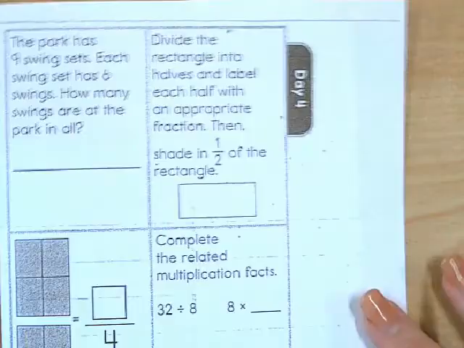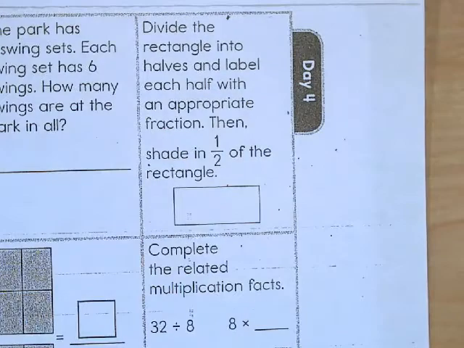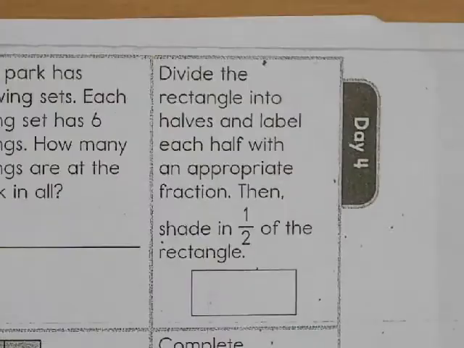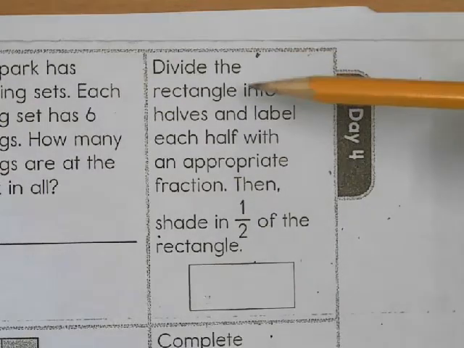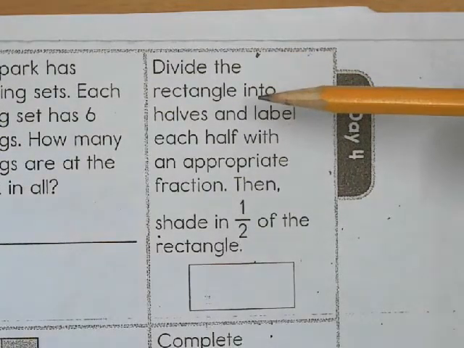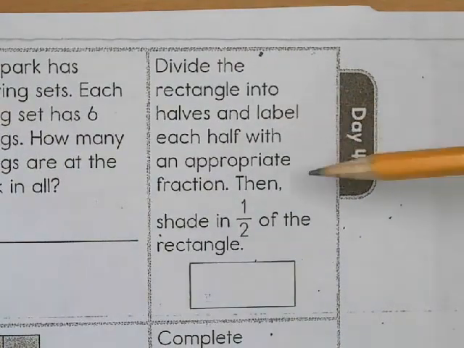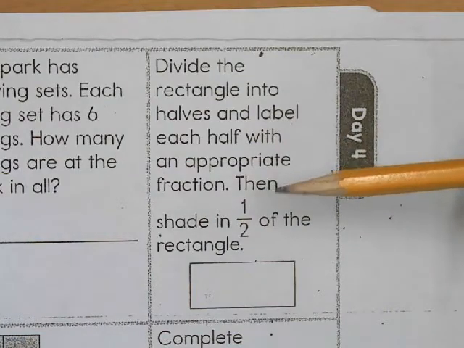I'm going to start with our fraction problem. If I zoom in here, it lets me know that I'm going to divide the one-whole rectangle into halves and label each half with an appropriate fraction. That means a unit fraction.